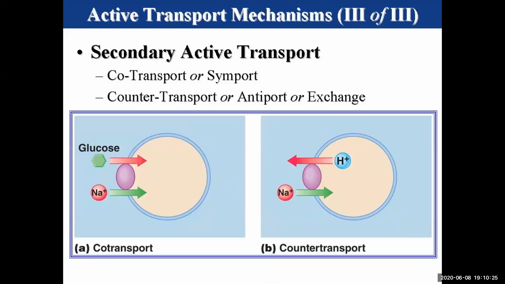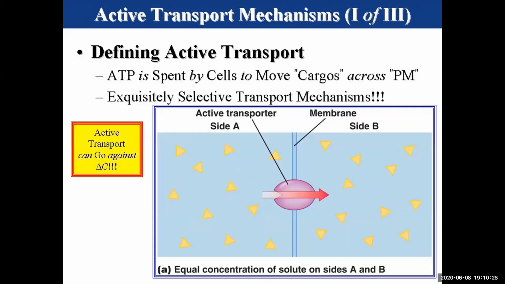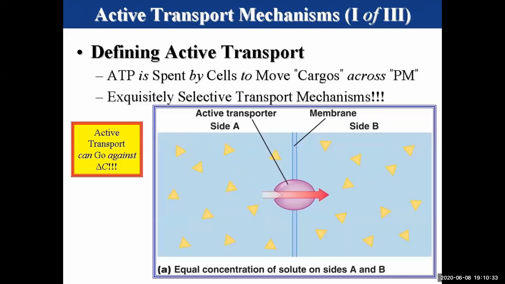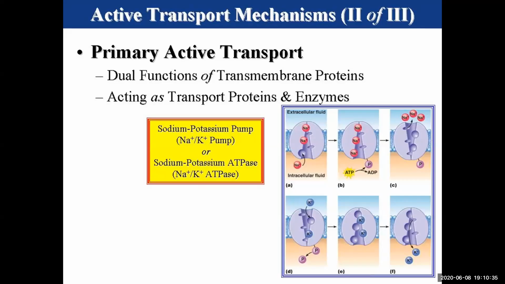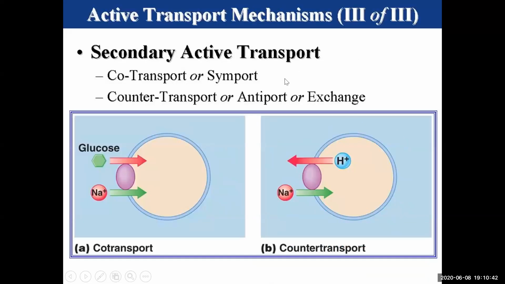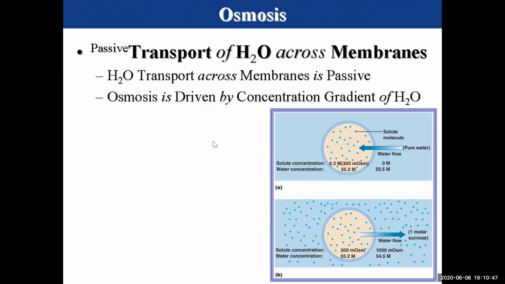Let me go back to active transport. Need some space. Okay, let's use this slide for active transport. For active transport, we talk about primary active transport and secondary active transport. There's also another transport.